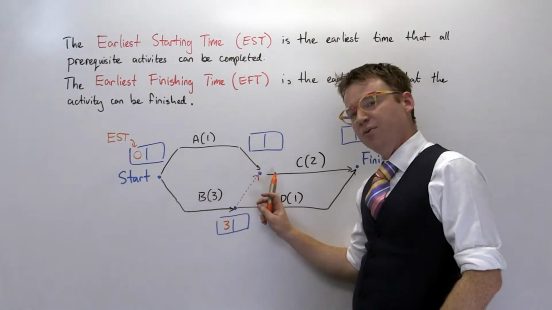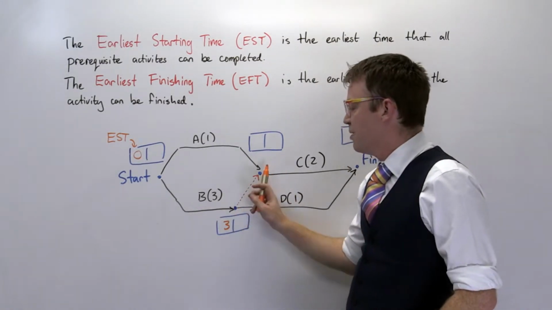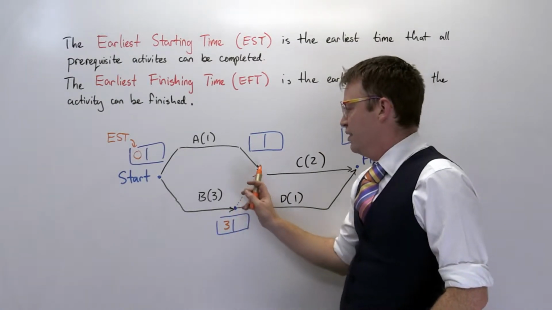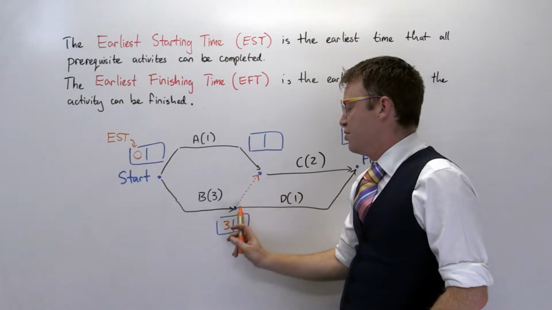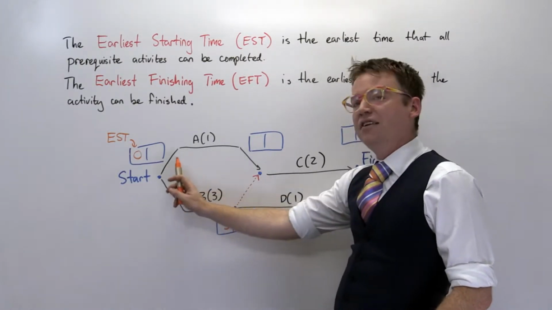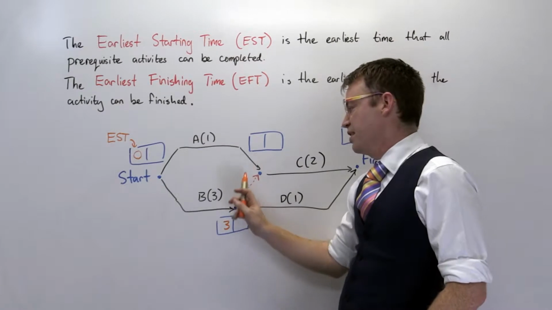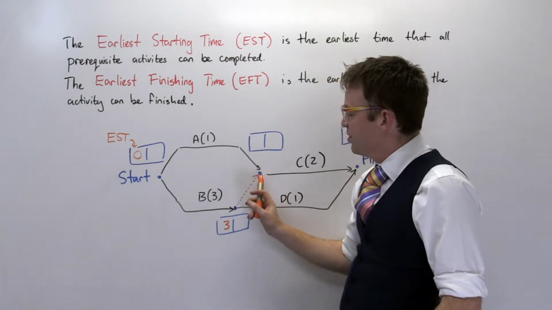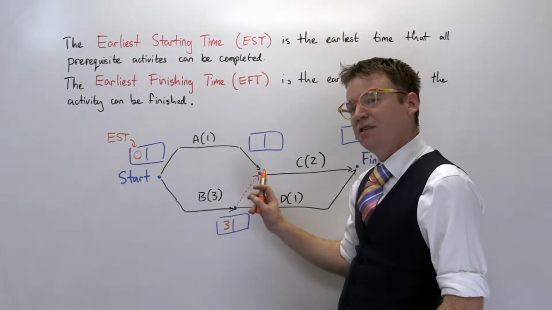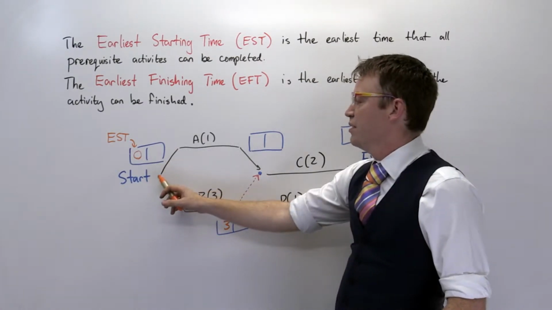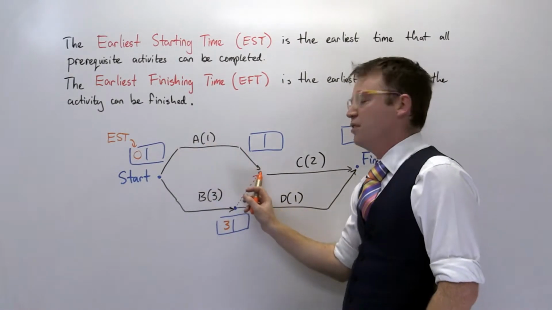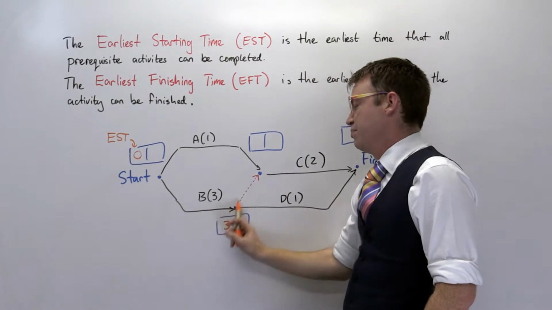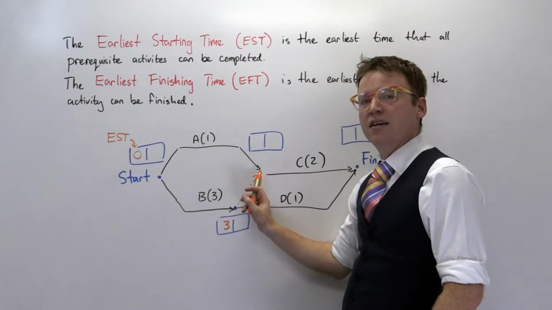This one is a little bit more interesting. Now this is a dummy edge, just kind of extending B up here. To achieve this vertex, we need to have completed B, and we need to have completed A. Remember, the vertex represents the achievement of all things pointing into it. So how soon can we be at this vertex? We can do this branch in time 1, and we can do this branch here in 3 plus 0, so time 3.